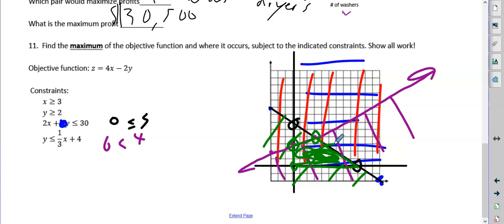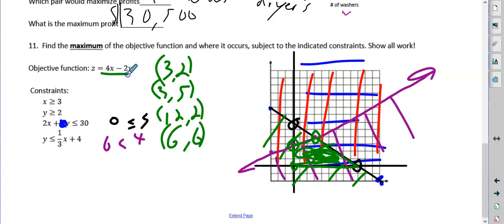Okay. So what are my points of intersection? They are at 3, 2. And at 3, 5. And then 12, 2. And this point right here, 6, 6.